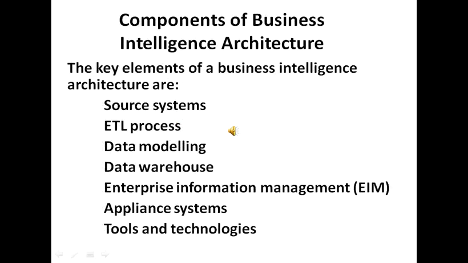Now let us see what are the basic components of business intelligence architecture. The key elements of a business intelligence architecture are source systems, ETL process, data modeling, data warehouse, enterprise information management, appliance systems, tools and technologies.